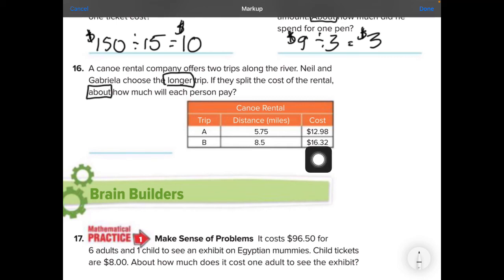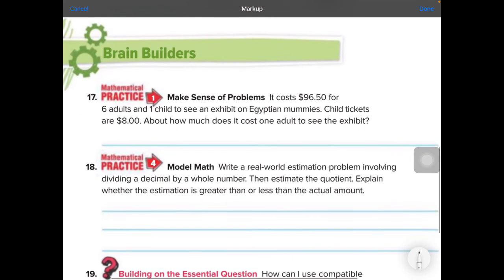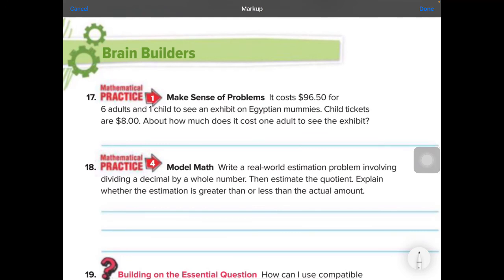So we need to estimate that trip, and they split that trip in 2. So 16 would be easier to split than 1632. So I'm going to say 16 split into 2 is about $8. So they spent about $8. Each person will spend about $8.